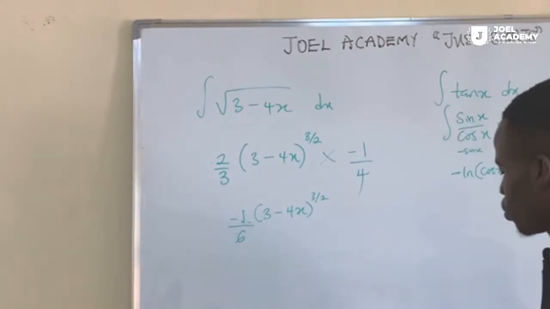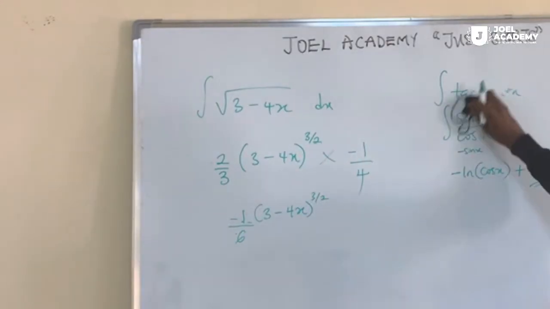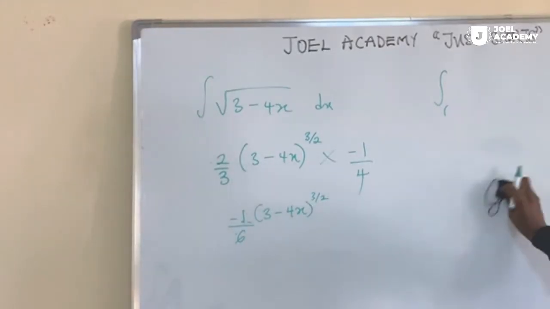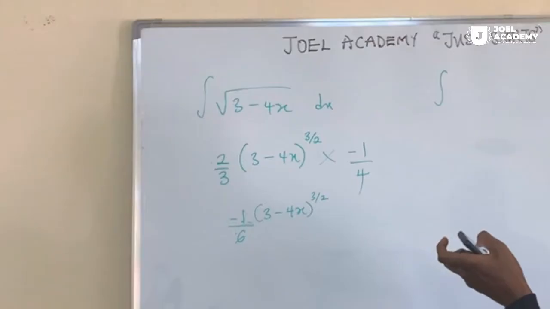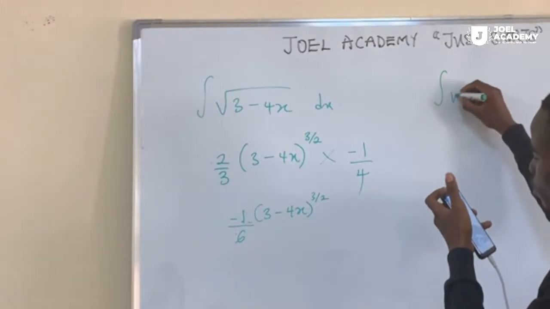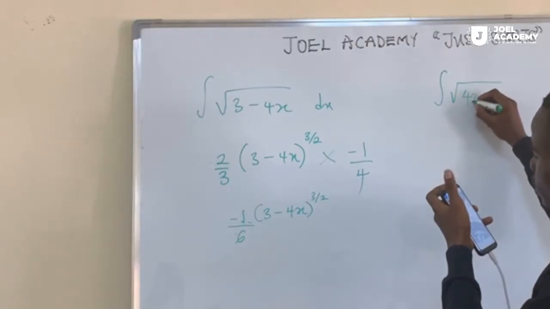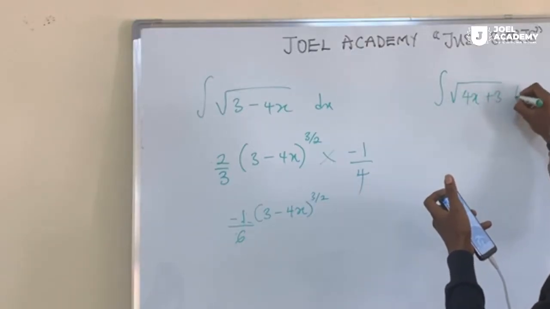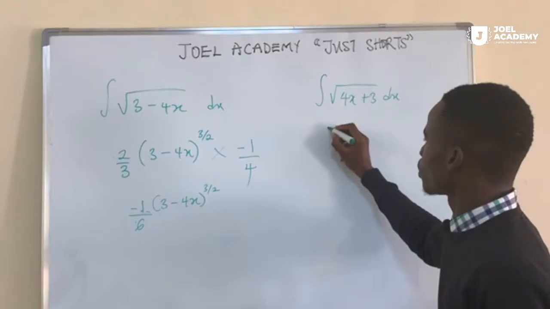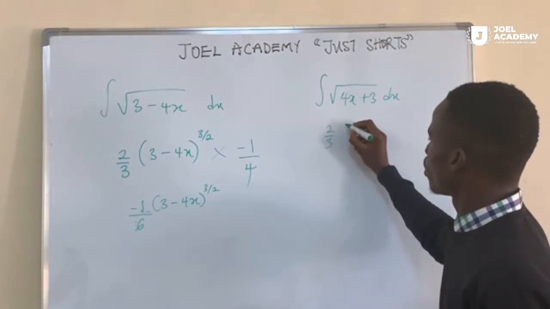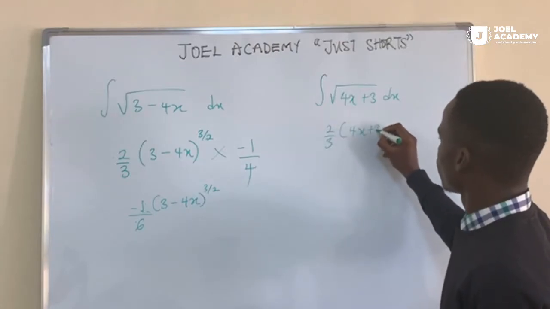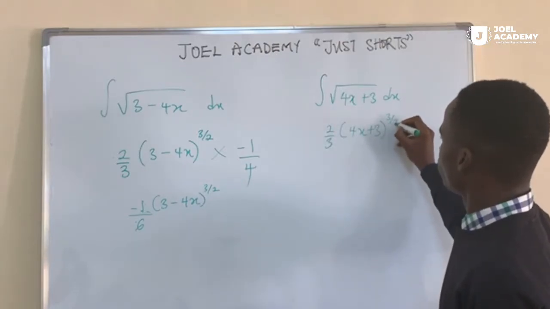So now let's redo that particular question. Let's do it again. Please take notes while redoing the last two questions we solved. I guess it was the square root of 4x plus 3, dx. Since it's a square root, we put 2 over 3 bracket 4x plus 3, to the power of 3 over 2.